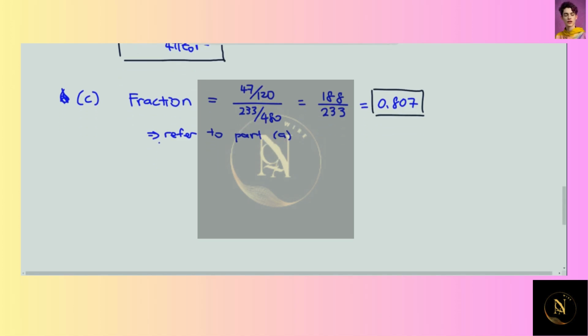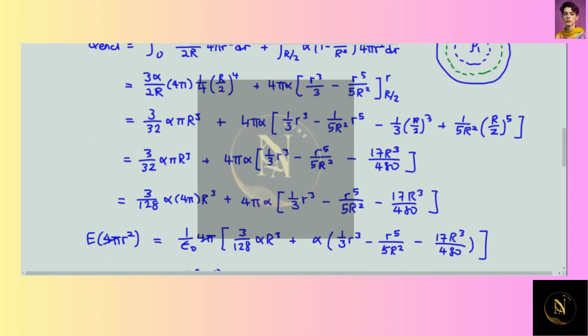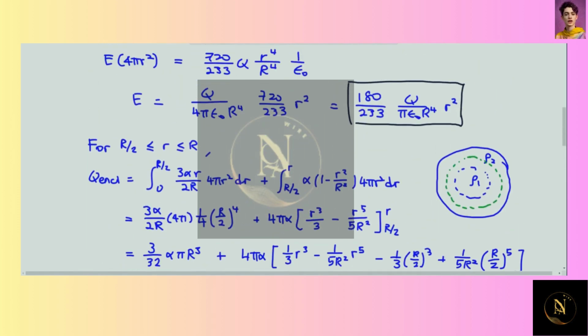Okay, in part D, we want to find the magnitude of E at r equals half of the radius. So we'll go back and use this expression.